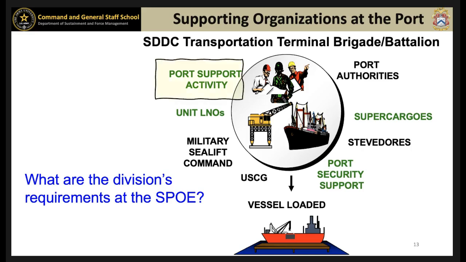The Port Support Activity, or PSA, may include various personnel such as drivers, hazmat certified members, mechanics, and individuals who can pack and unpack containers. In CONUS, installations provide logistic support to units in transit, separate from the PSA, which operates at the seaport staging area.